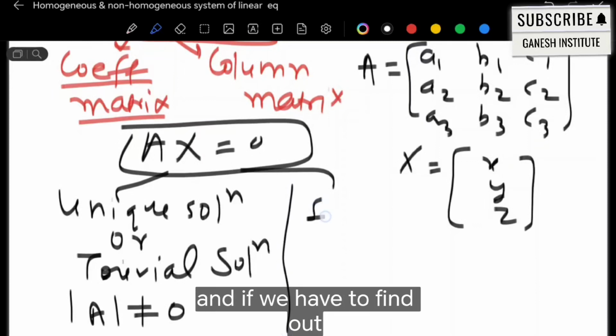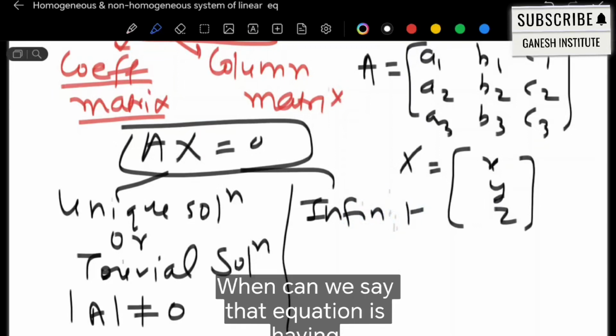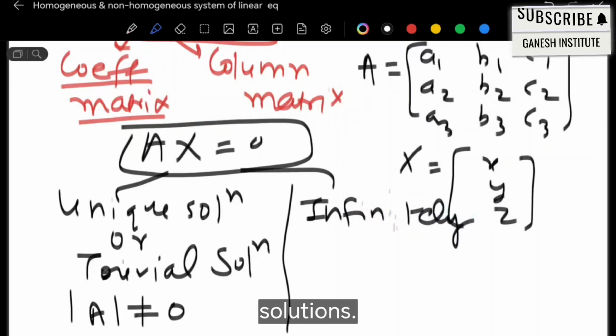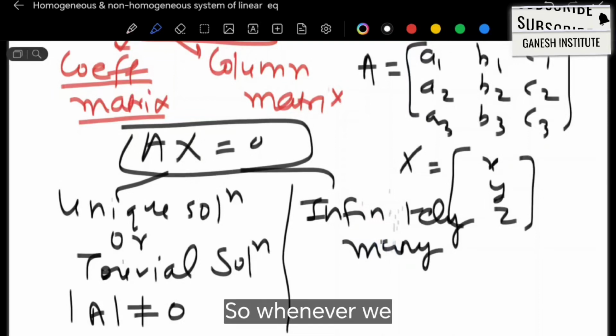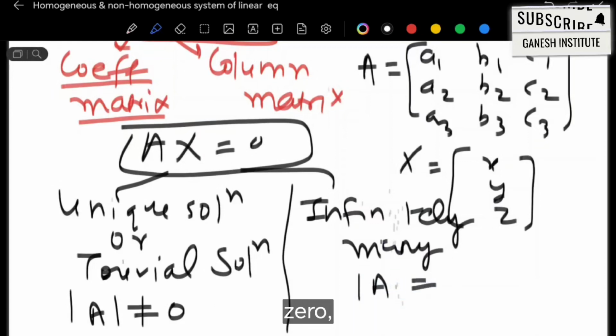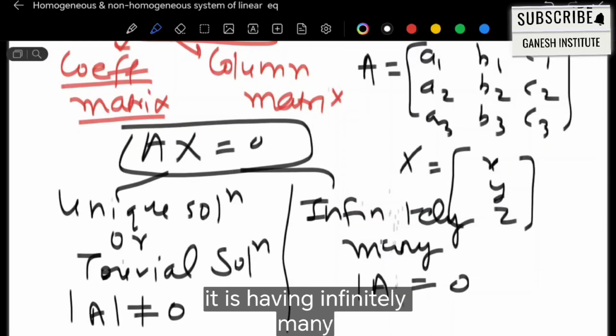And when can we say that the equations have infinitely many solutions? Whenever the determinant is 0, then we say that it has infinitely many solutions.